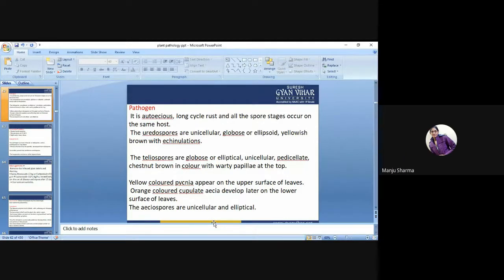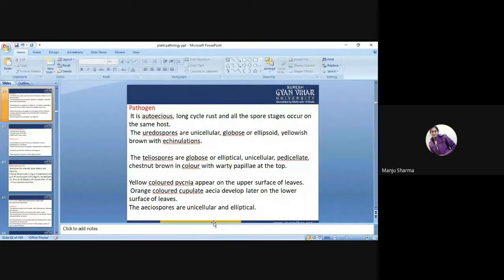Like pathogen is autoecious. Autoecious means a parasite which completes the entire life cycle on a single species of host, as compared to heteroecious.